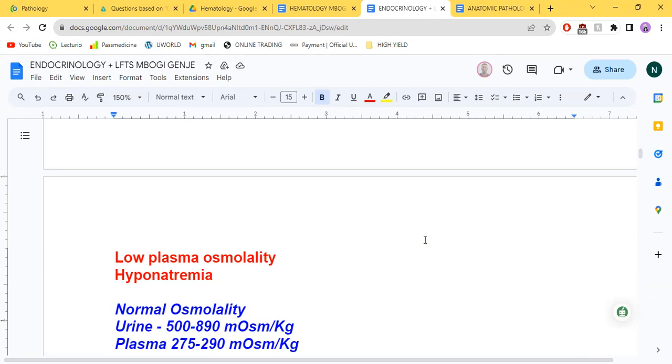It's a condition where the body makes too much ADH. If you compare to diabetes insipidus, we said diabetes insipidus is where you have little or no ADH, or you have ADH insensitivity. So that's the difference between SIADH and diabetes insipidus.